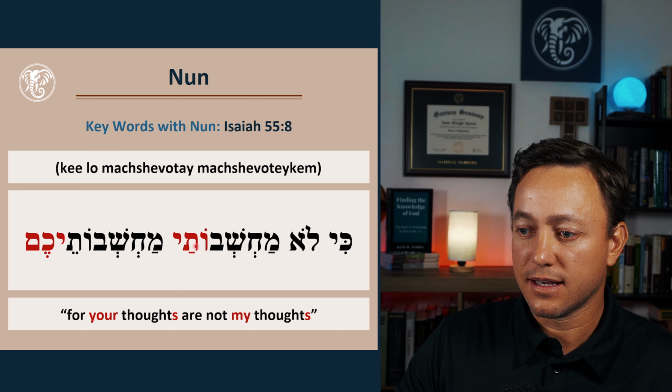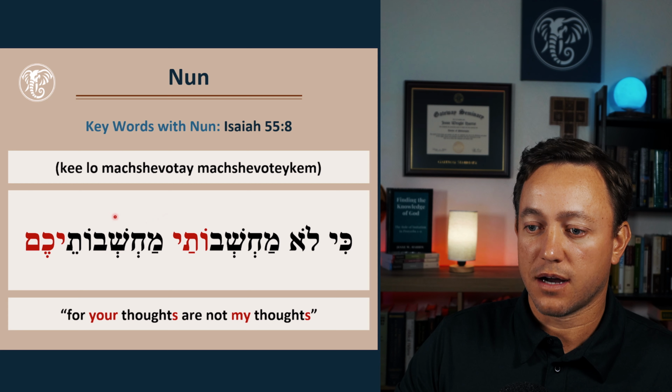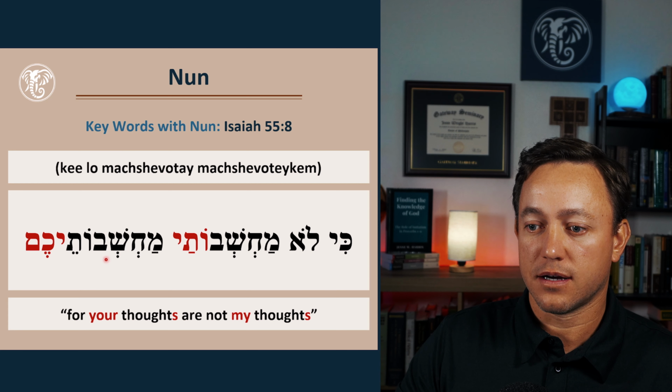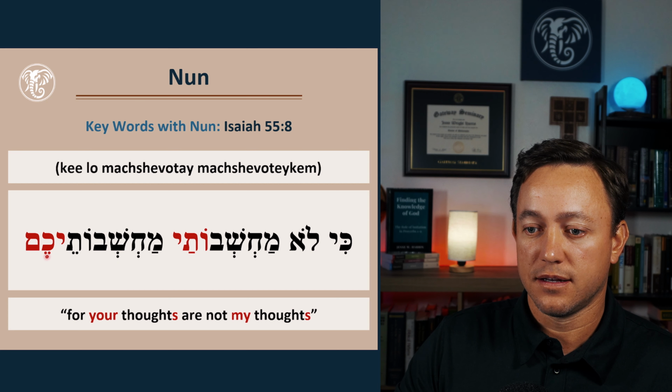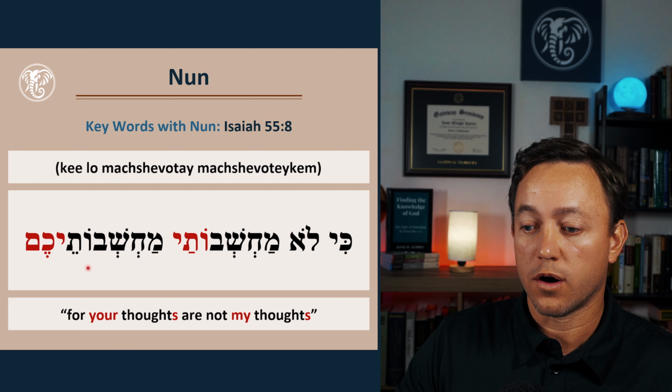So, for not my thoughts, and then machshevotekem. Again we have that same root, machshevot, thoughts, plural, and then kem.